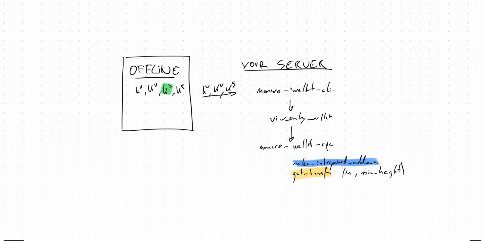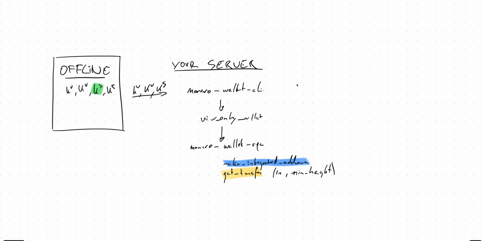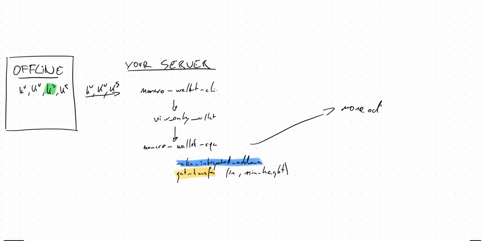This wallet RPC will talk to your Monero daemon. This is the program called monerod. Oh, there's an R missing. This is what downloads the blockchain and so on. This could also be on another server if you want.